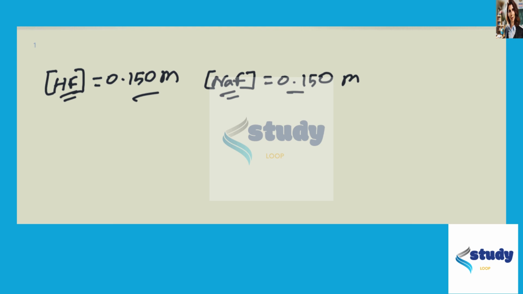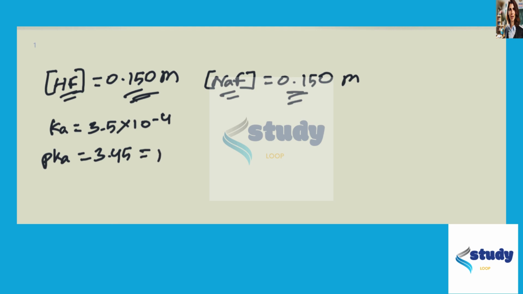So here the Ka value of this acid is 3.5 times 10 to the power minus 4. That is the Ka of HF, and if we take the negative log of this value, we'll get the pKa as 3.45.